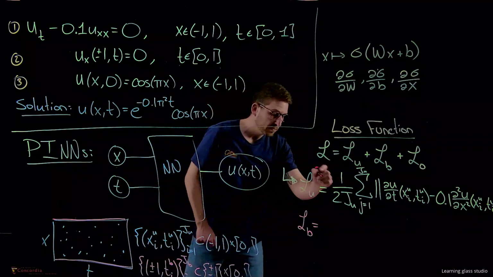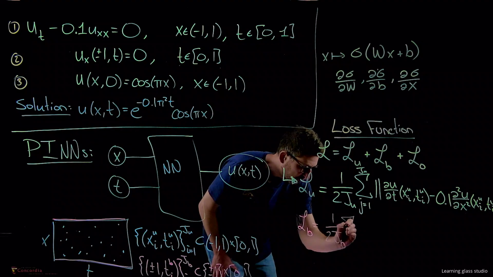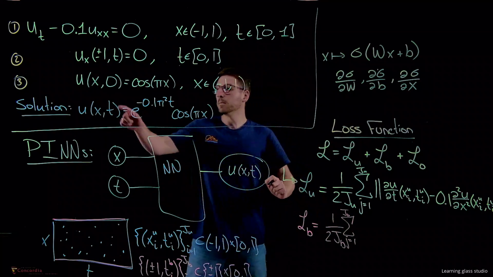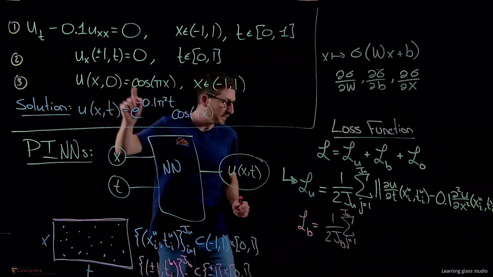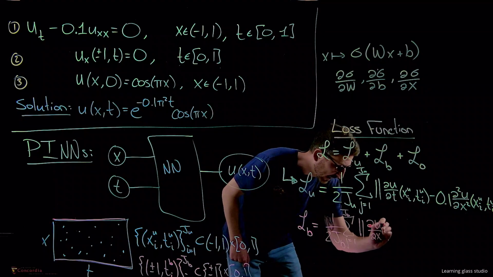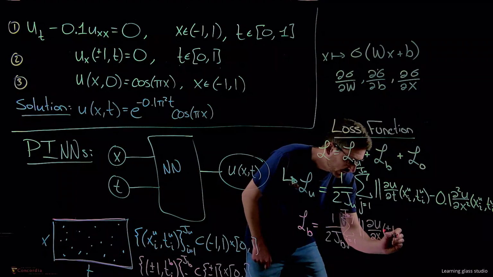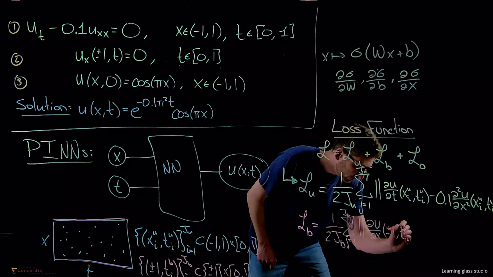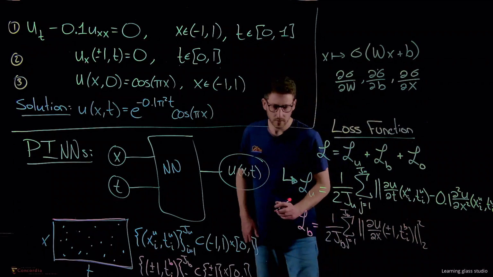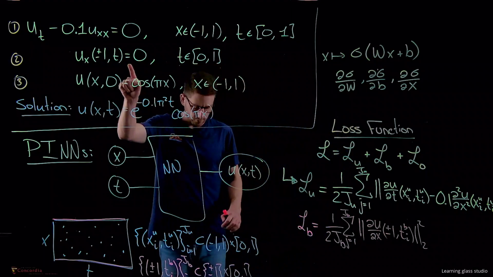I'm going to create a loss function that respects what should be happening on the boundary. On the boundary, the derivative of the neural network with respect to x at each of the boundary points, plus or minus 1 and t_i^b, should be completely 0, because that's what I want to satisfy right here.